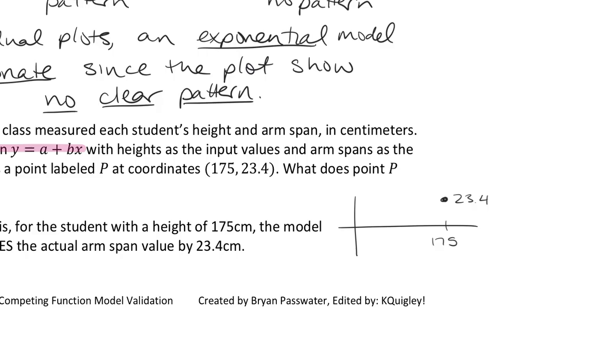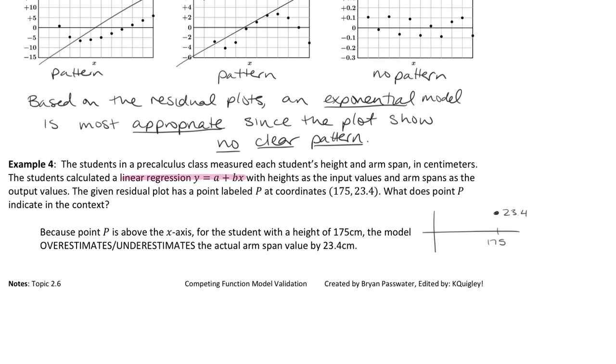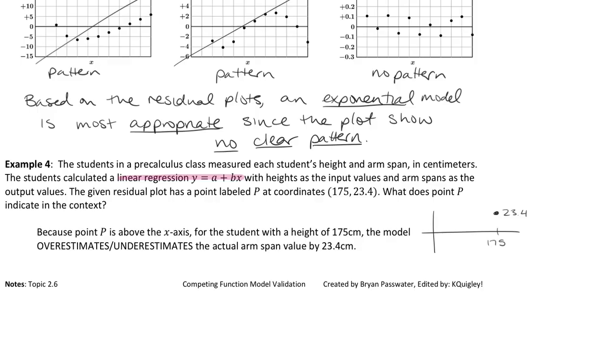So does that mean that based on point P, because it's above the x-axis, the student with a height of 175 centimeters, the model blank under or overestimates the actual arm span? Under, 'cause it's positive, right? Correct. Underestimate because that dot is above the x-axis, which meant the actual data was more than the predicted data. So we underestimate the option.